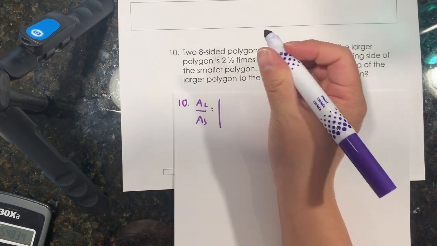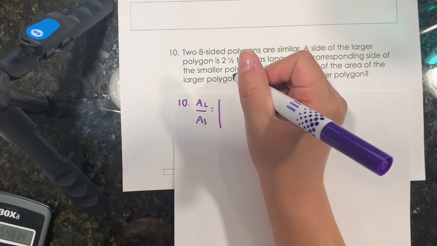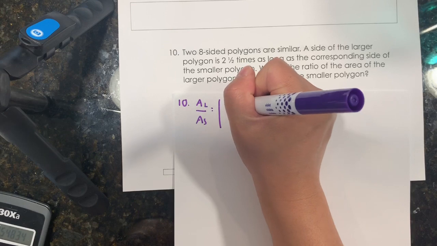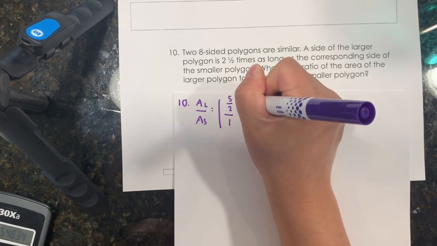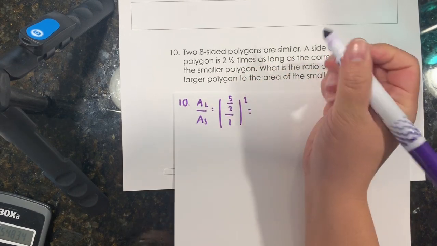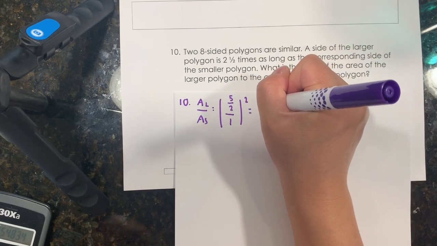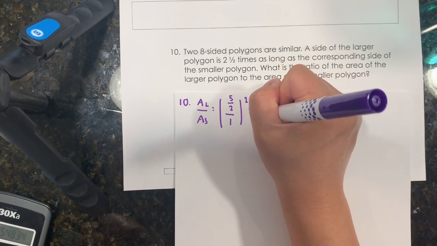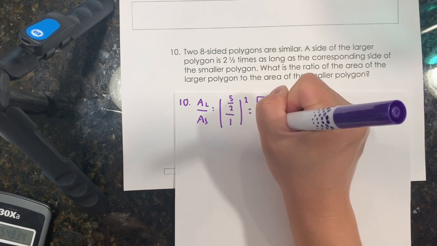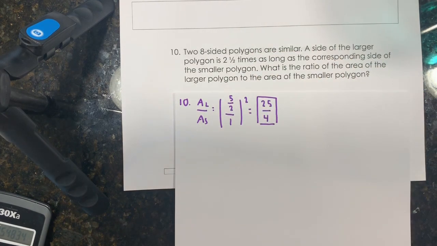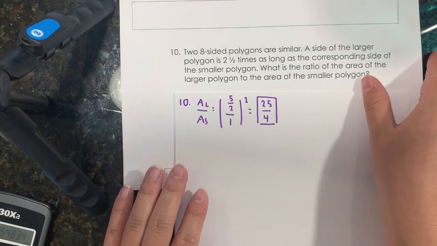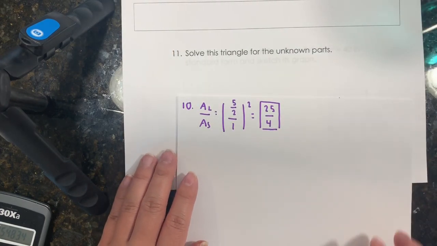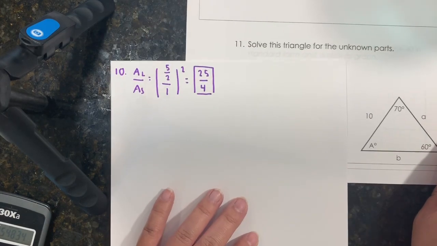So the side ratio would be 2 1/2, so 5/2 to 1 squared, which would simplify to 25 over 4. And that's all you have to do. So it's a side ratio squared. I think I remember that from a very long time ago.